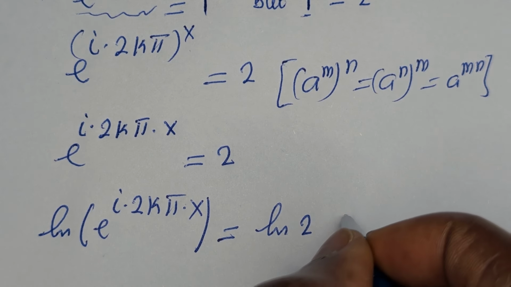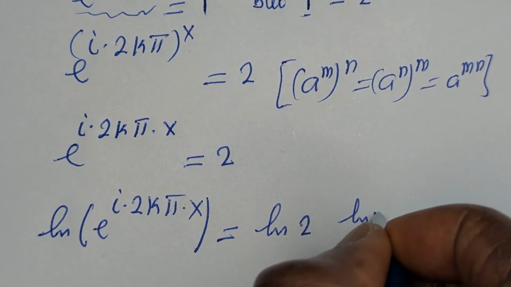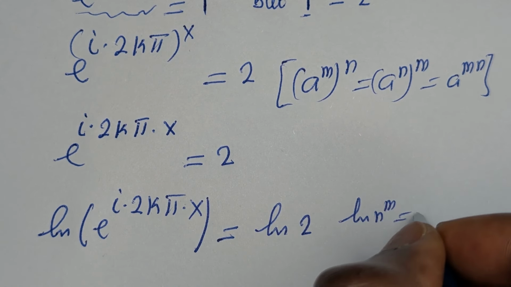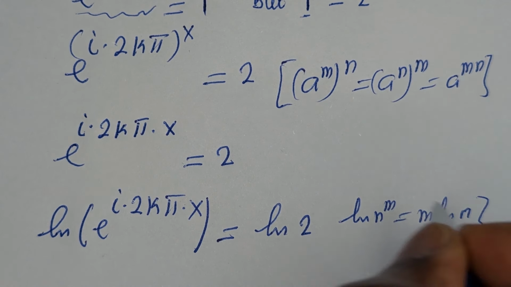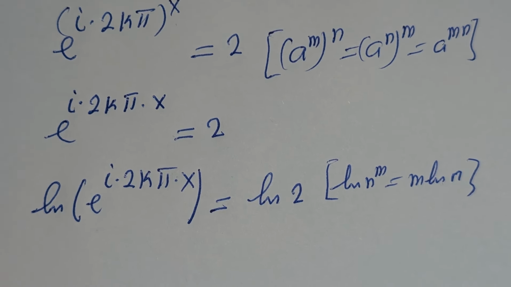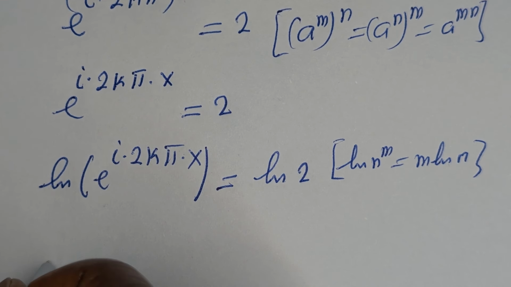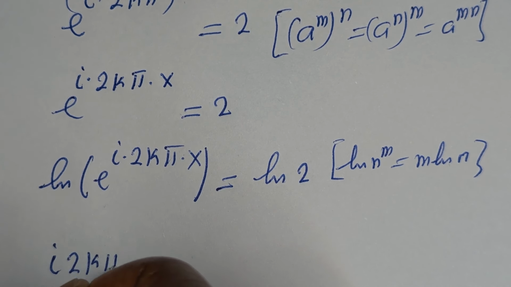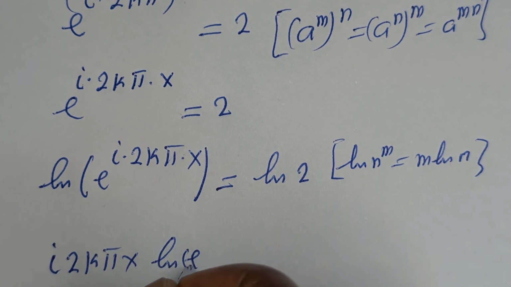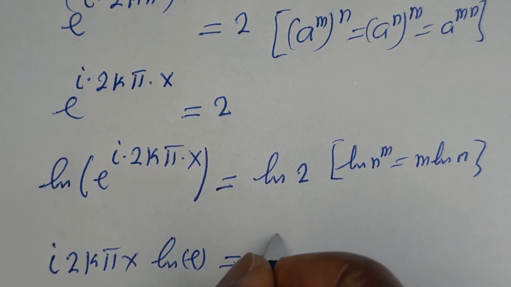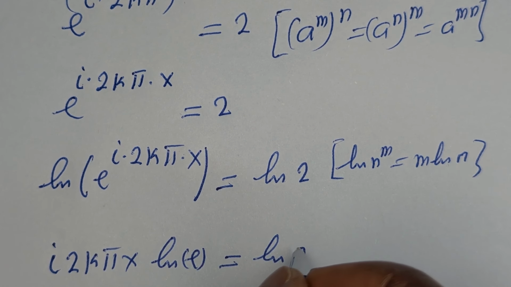Then if you have ln of n to the power of m, this is equal to m ln of n. This can be written as i 2k pi s ln of e is equal to ln of 2.